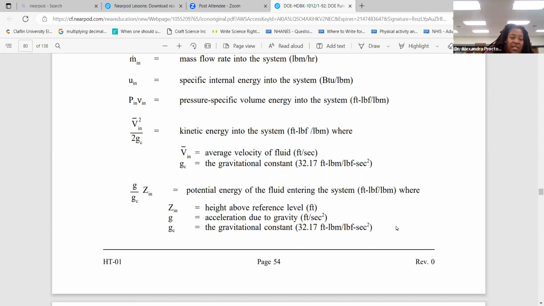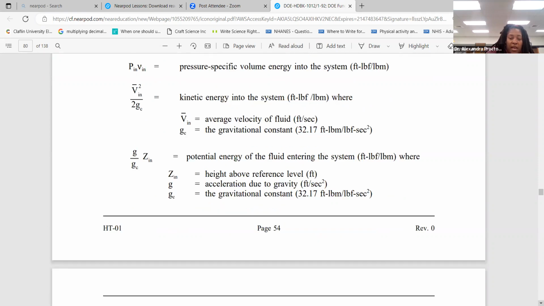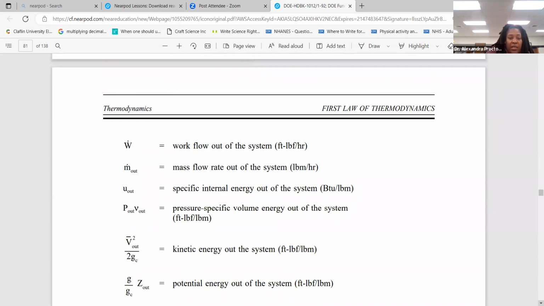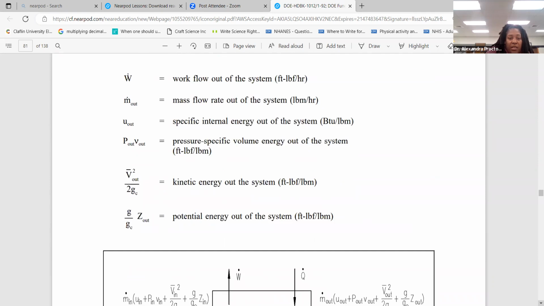And gc is the gravitational constant, which is 32.17 foot pound mass per pound force second squared. Okay. So remember these constants because they were previously mentioned.